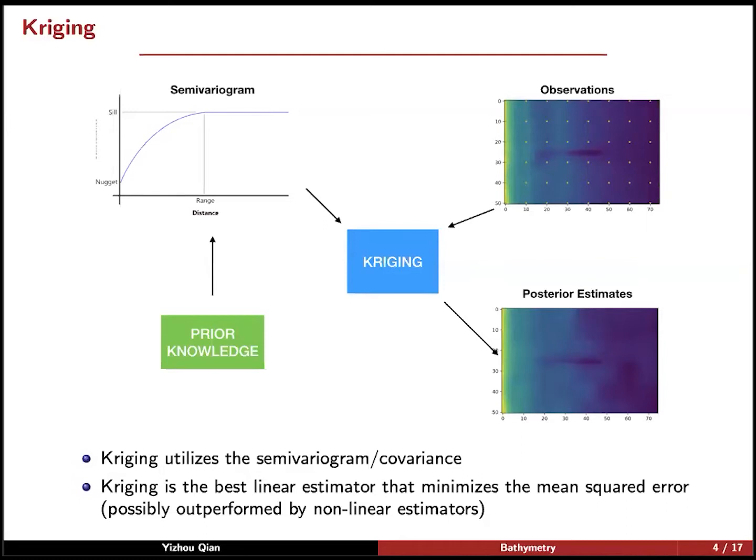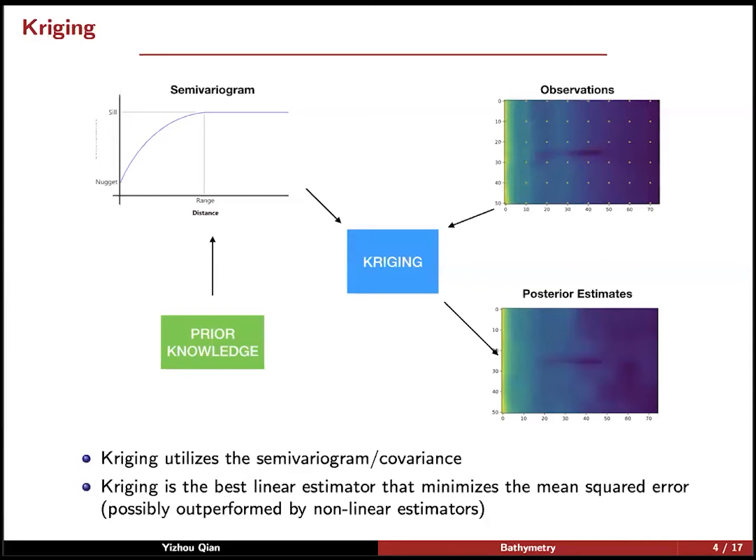So we may assume that our data have some kind of Gaussian distribution such that our covariance follows a certain function, for example, spherical, exponential, or some other distance functions. And we pass this semi-variogram into our Kriging-based methods along with our observations to make our eventual posterior estimates.